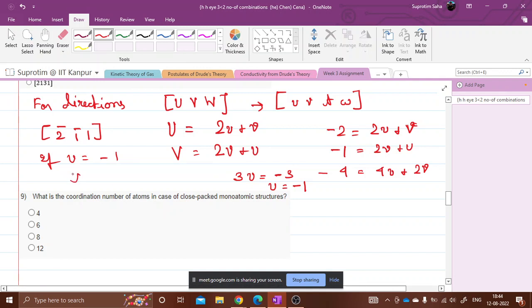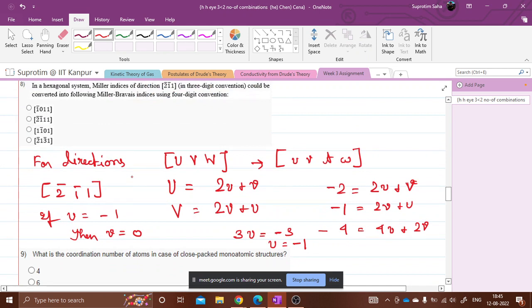Then v is 0. Alright, so minus 1, 0, and minus of minus 1 plus 0, that is 1, and w stays as it is. So the final answer would be 1 bar 0 1 1.